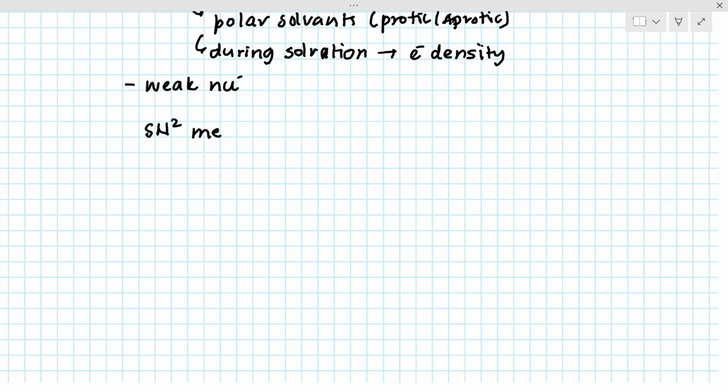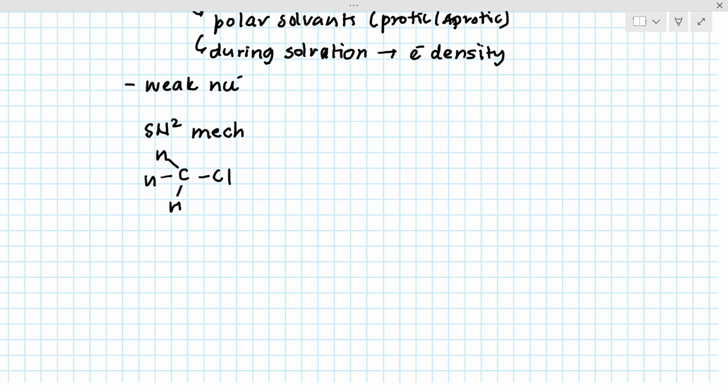For SN2, we will give a clear mechanism first. Let's take a primary alkyl halide, R-CH2-Cl.